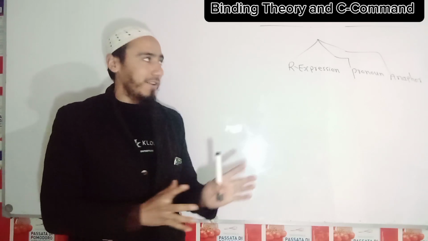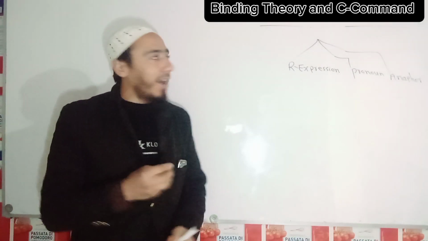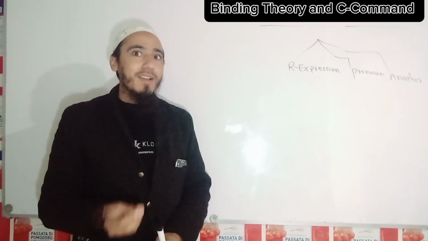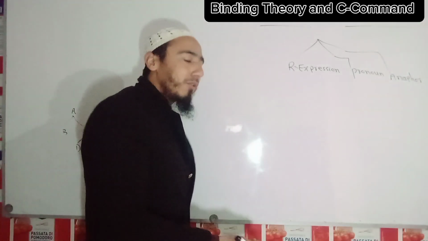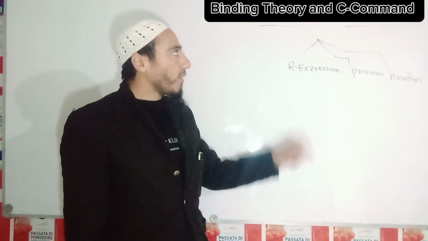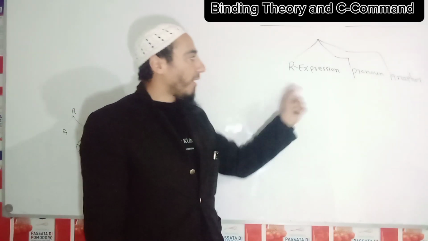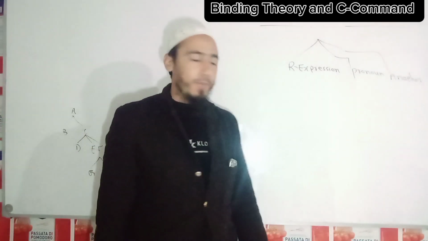Now, listeners and audience, you will not understand binding theory unless you know about C-command. I discussed C-command in detail in the structural relations, but we are going to discuss it again because it is needed to know about binding theory.